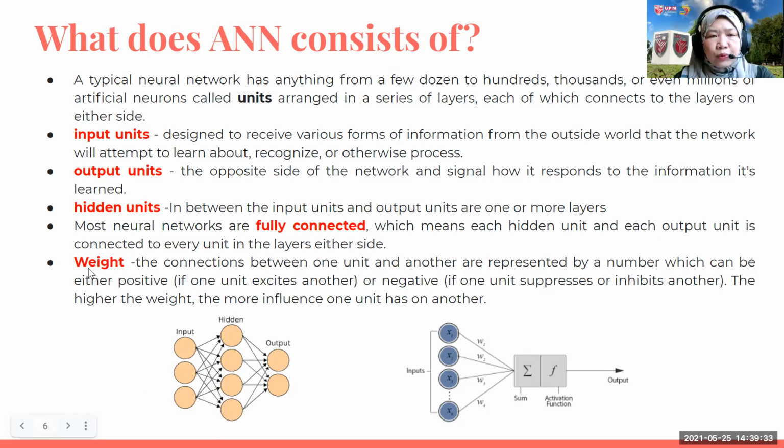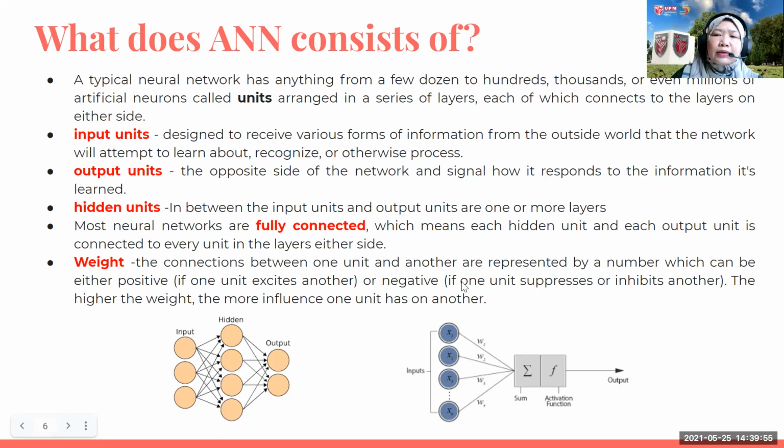The weight is the one represented by the line. It is the connection between one unit and another, represented by a number which can be either positive or negative. Normally most architectures use positive numbers.